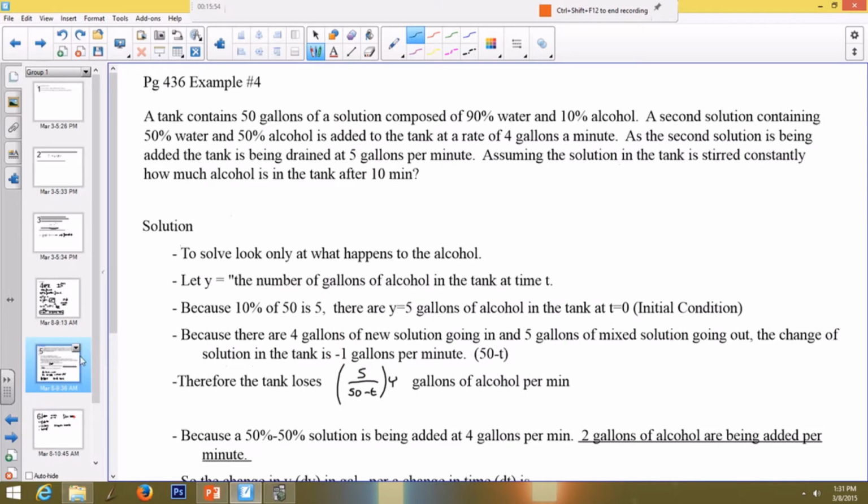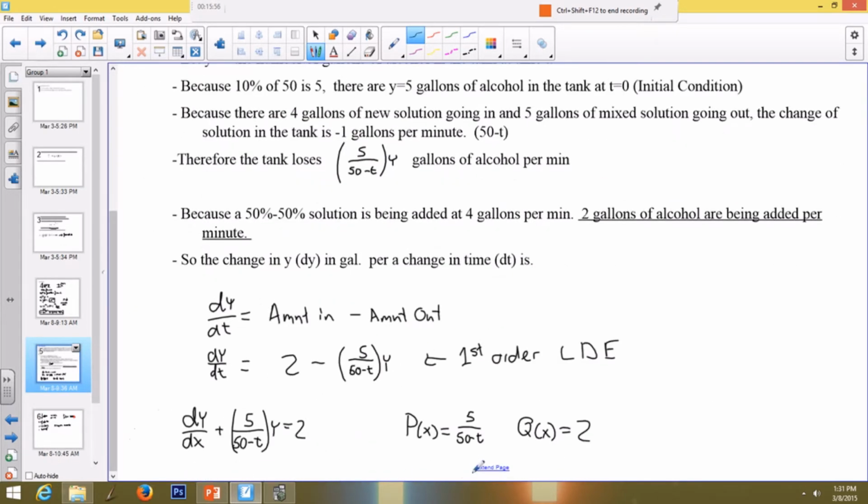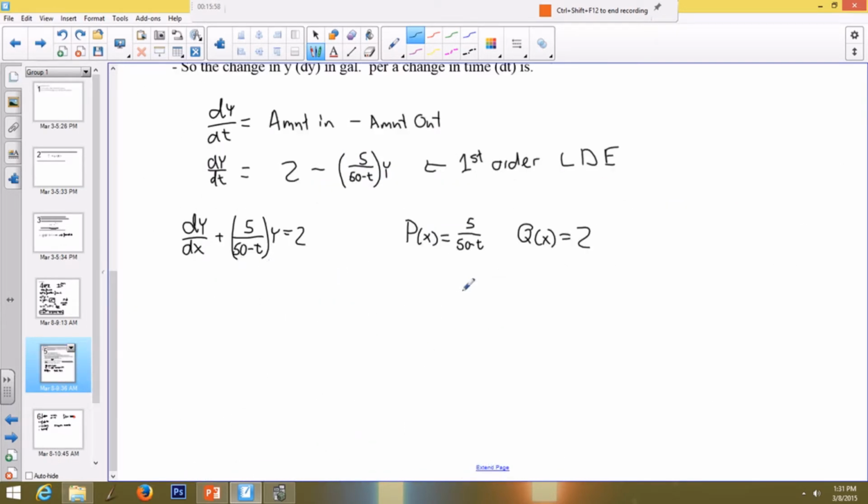So we go back to this original, and remember, we want to say that u is equal to e to the integral of this 5 over 50 minus t dt, and we calculated that, so we get e to the ln of the quantity 50 minus t to the negative fifth, and e to the ln cancels, so I'm going to do 2 steps here.